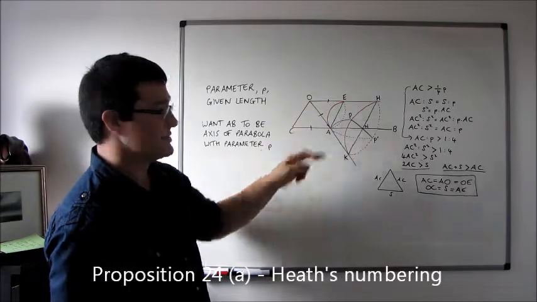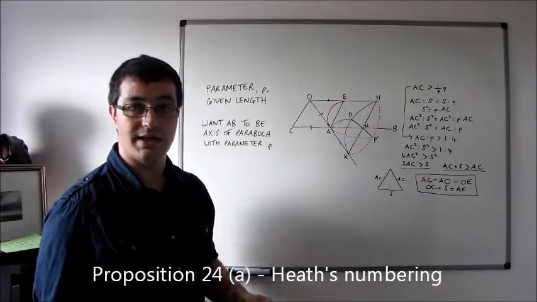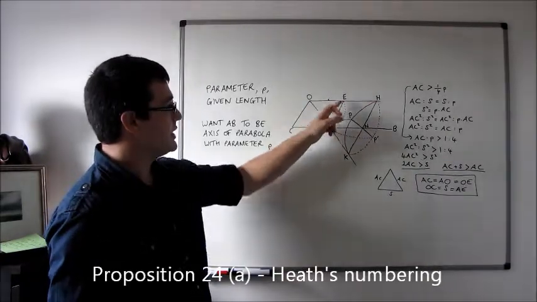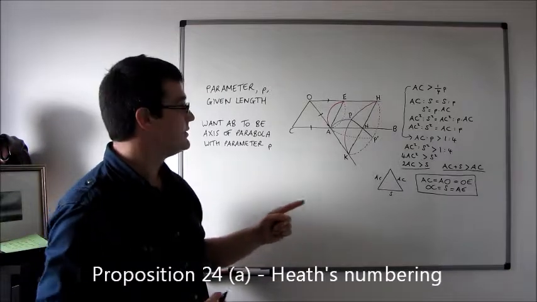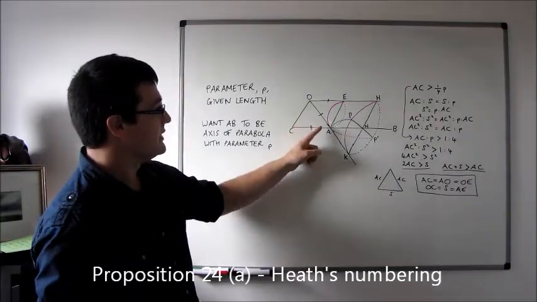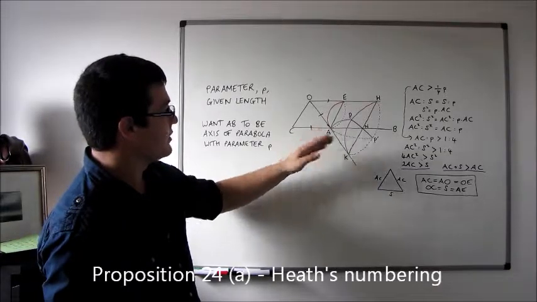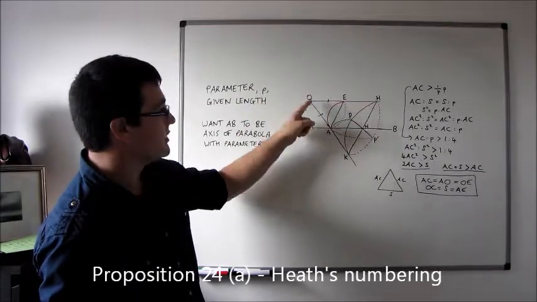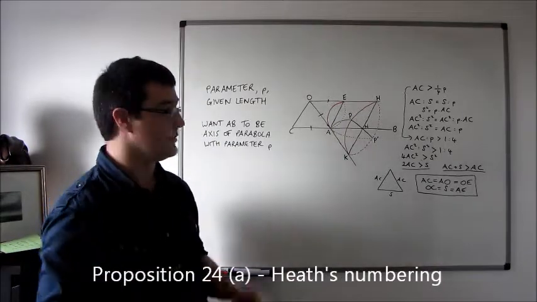Okay, and moreover, because OA and OE are equal in length, then our cone is going to be a right cone. So it's going to be a right circular cone. And AOE is going to be an axial triangle of that cone.